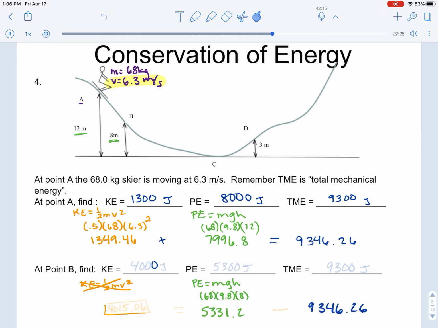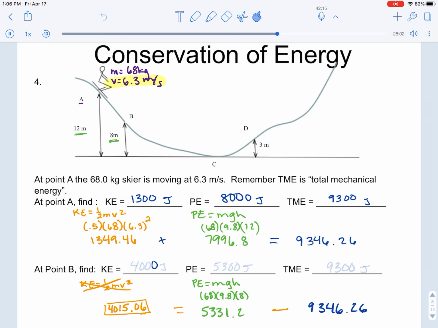If this is how I find my total energy by adding kinetic and potential together, then in this case, instead of adding those two, I'm going to simply subtract: 9,346.26 minus 5,331, and then whatever's left over is going to be in the form of kinetic energy. 4,015.06.